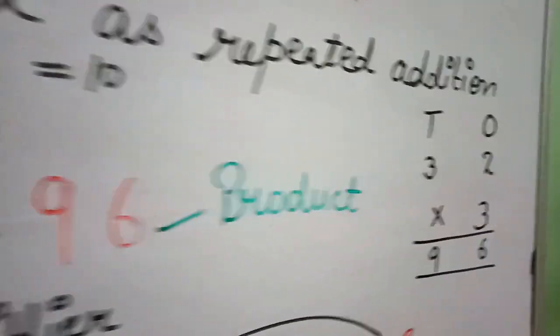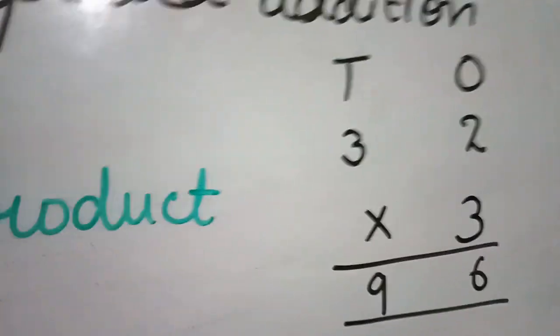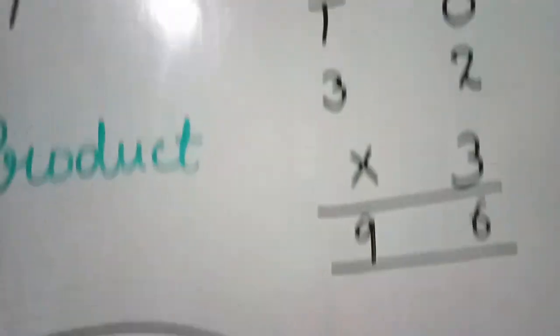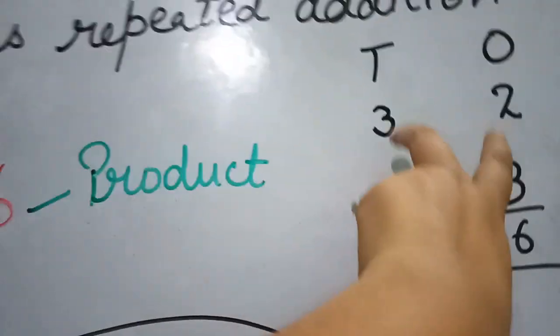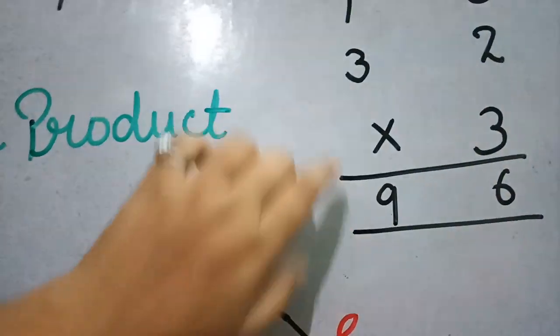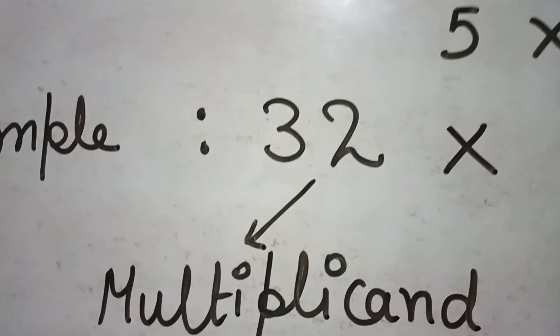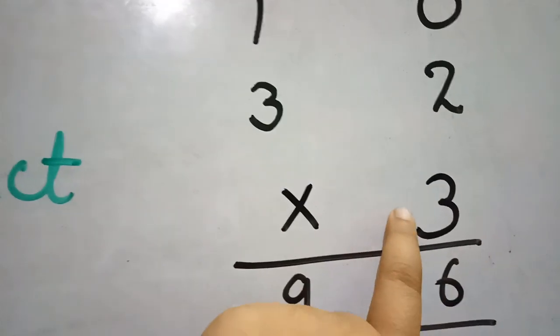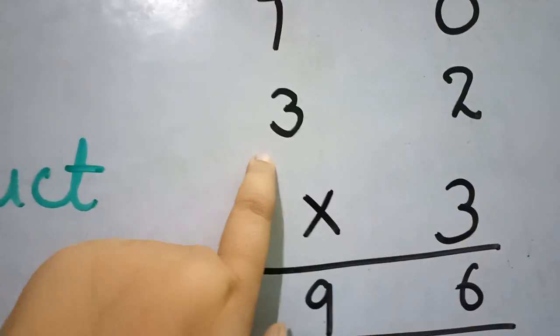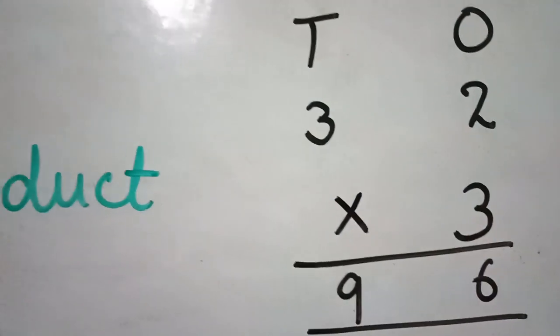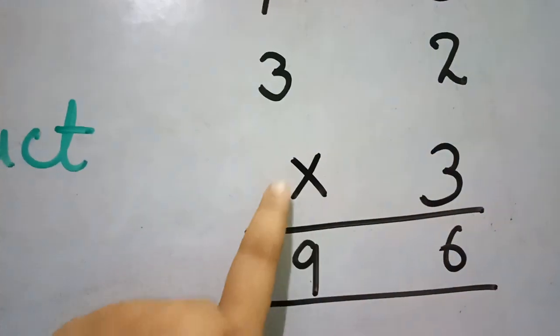And there is an example of multiplication. We can see we have divided the 2-digit number into ones and tens. We have 32, and now we have 3 here because we have to multiply 32 by 3.